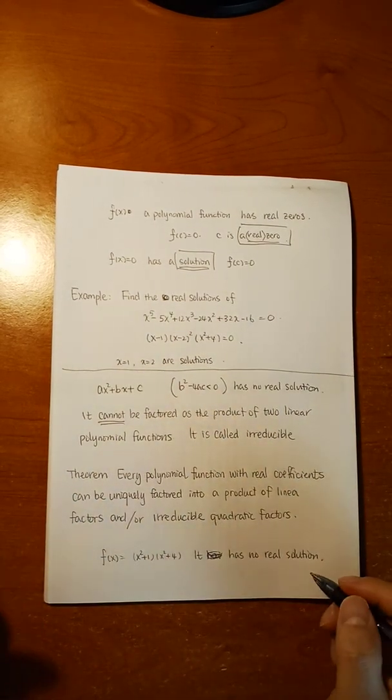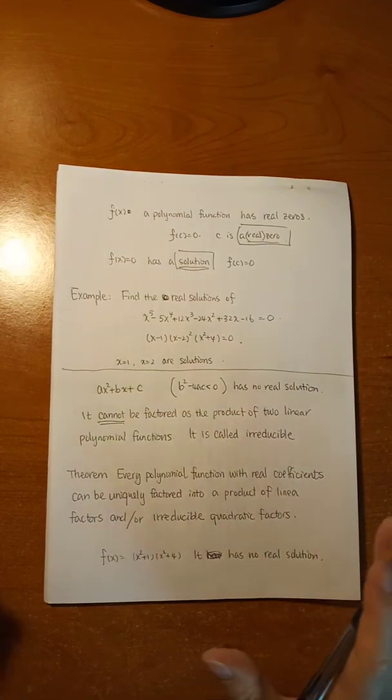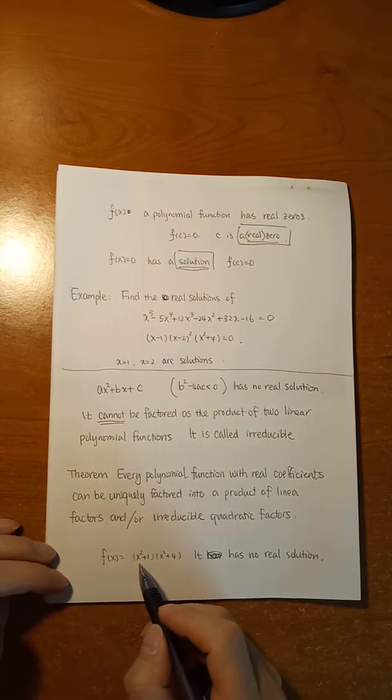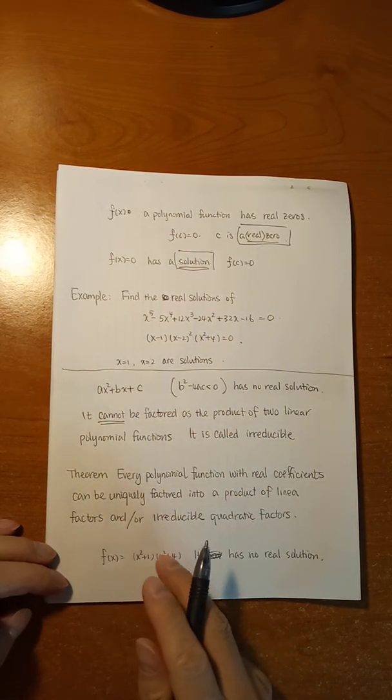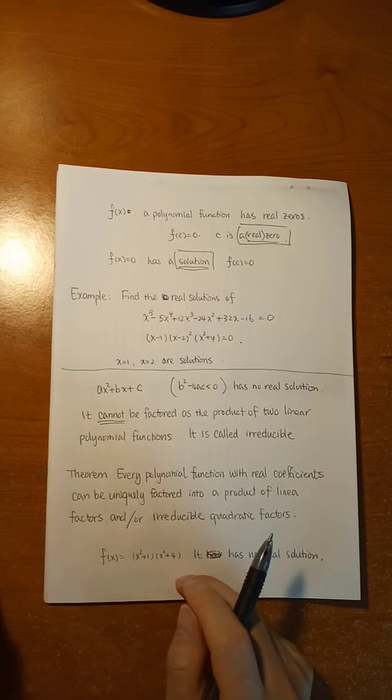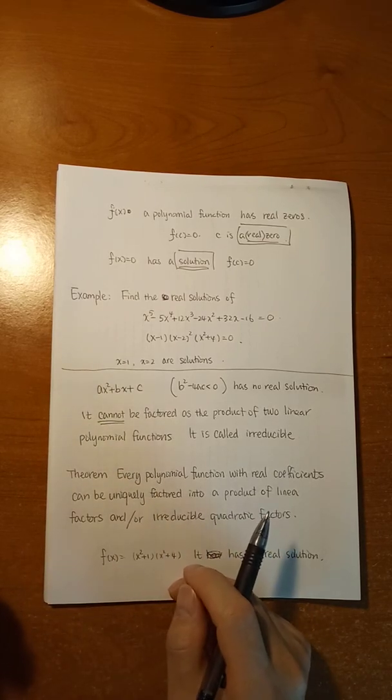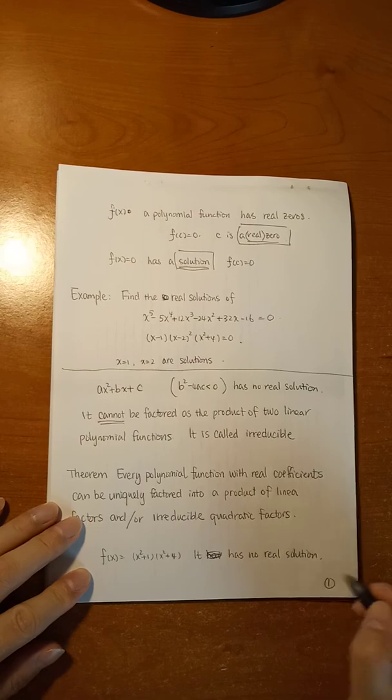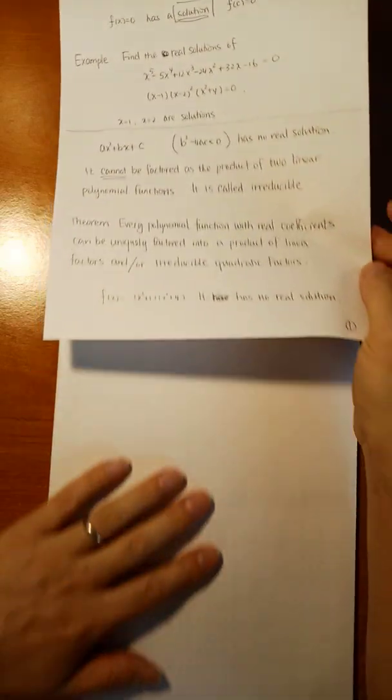It's a bad case, but this bad case has some property. You see here, each factor is degree 2, so the degree of f is 4, so the degree is even. And what happens if the degree is odd?